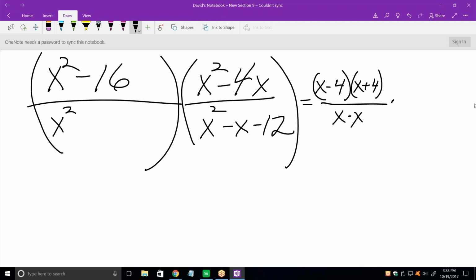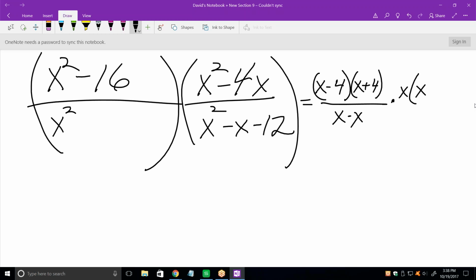Now we're multiplying that and factor the top right. Would it be x minus 2 and x positive? No, this is not difference of perfect squares.